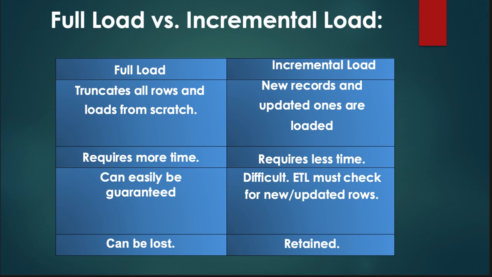As for incremental, you need to do a bit of checking, just in case it's not loaded properly. In a full load, data can be lost, where the whole data could be overwritten but not all uploaded properly. Incremental load is retained: we still have the original data, but with the new changes.